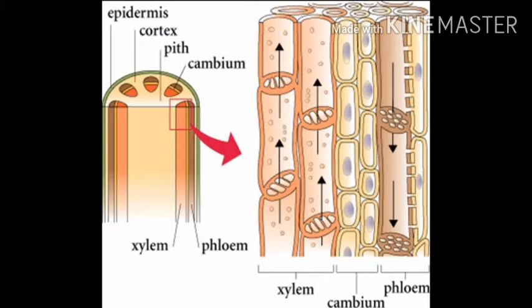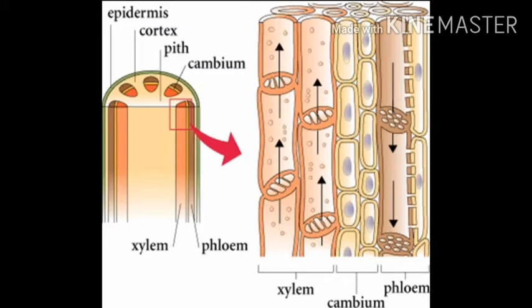Complex tissues are made up of more than one type of cell. All these cells coordinate to perform a common function.